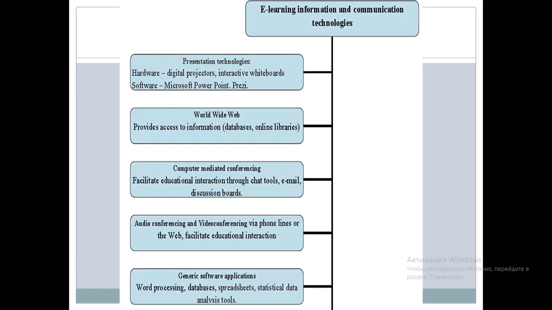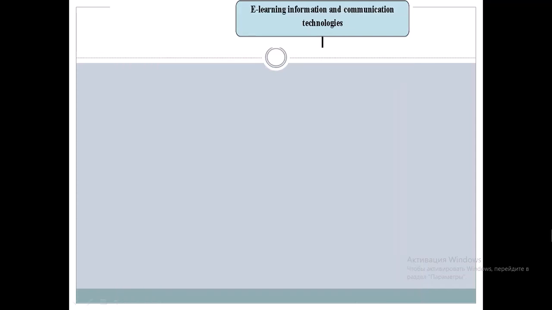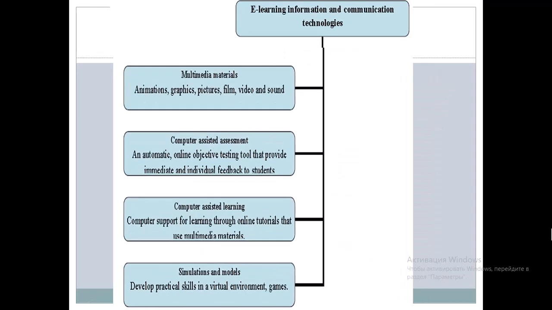The next, information communication technologies. Multimedia materials, for example animations, graphics, pictures, film, video, and so on. Computer-assisted assessment: an automated online objective testing tool that provides immediate and individual feedback to students.